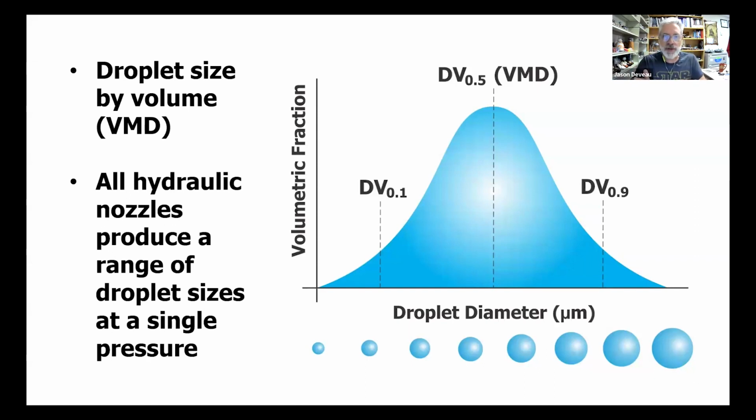And the vast majority fall in the volume median diameter. Most of the liquid coming out of my nozzle is comprised of bigger droplets. And even this might suggest to you, well, look, it's only a little bit that's tiny. And likewise, it's only a little bit that's huge. Predominantly, the droplets coming out of this thing are of a certain size. But like I said, that's kind of misleading.